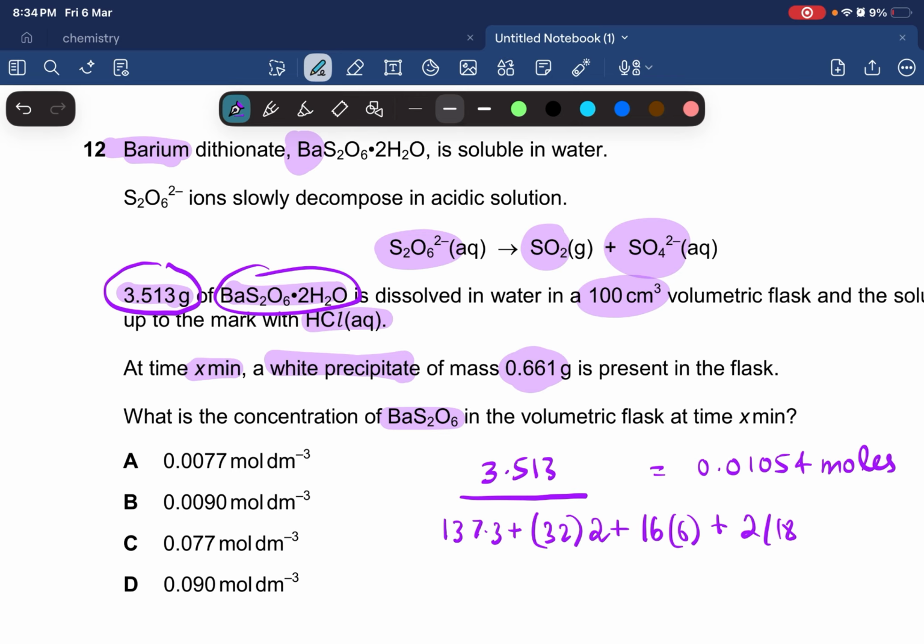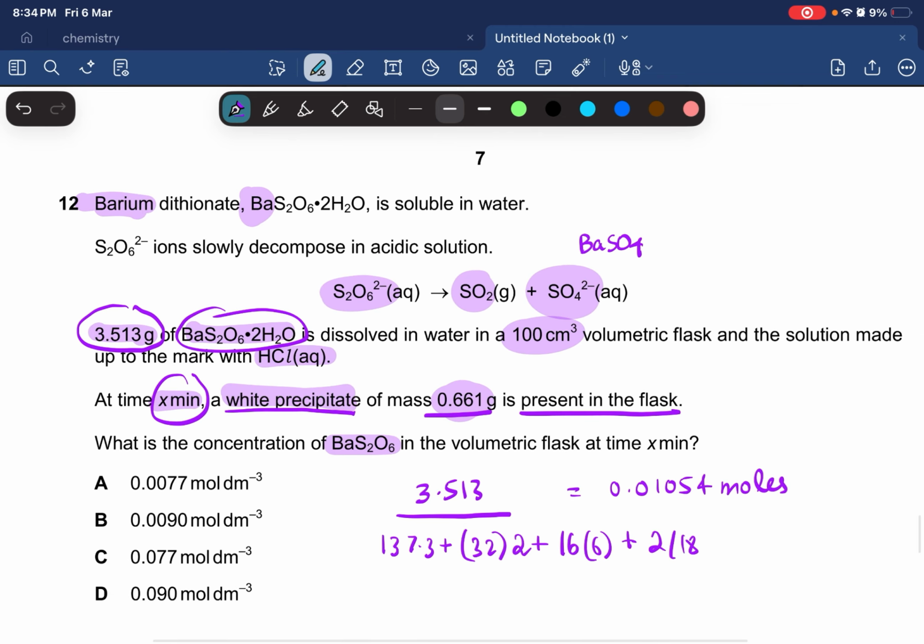Okay, we have the initial moles. Now we need to find the change in moles at x minutes, right? At x minutes, the white precipitate of mass 0.661 is present in the flask. The white precipitate is going to be BaSO4, barium sulfate. So now we find the moles of the white precipitate. That's going to be mass, 0.661, upon MR. MR of barium sulfate is going to be 137.3 plus 32 plus 16 times 4.